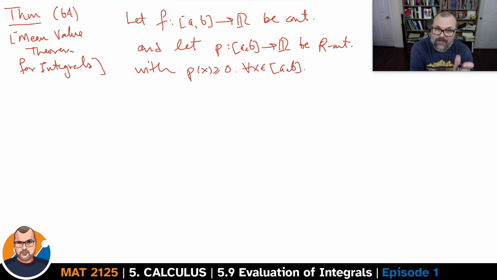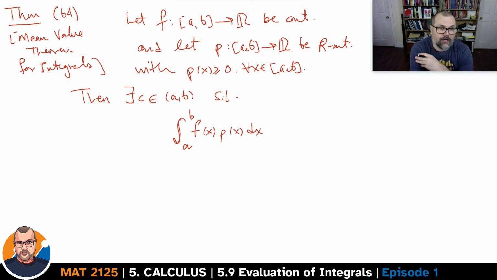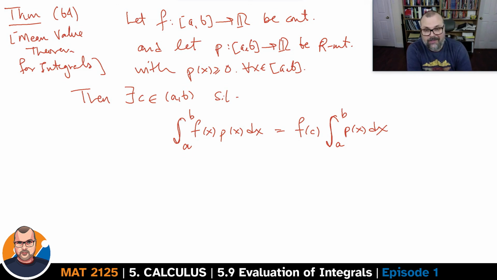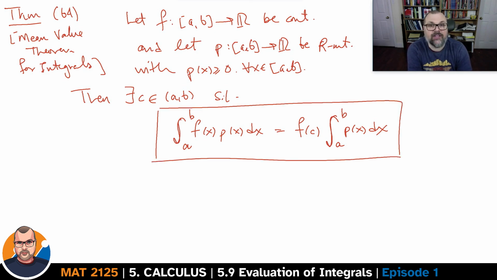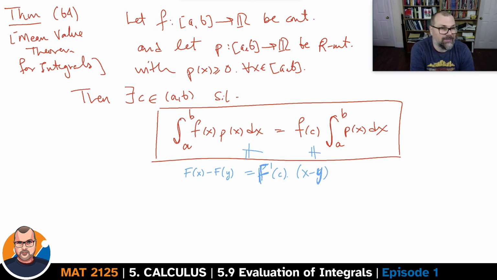Then you'll be able to find some point c in the interior of the interval ab, such that the integral of the product f at x times p at x is equal to f at c times the integral of the function p. Recognize here the same sort of structure as we had for the mean value theorem for differentiation. These aren't the same thing, but it has the same structure. Can you come up with a geometrical interpretation of this statement? What would it look like?